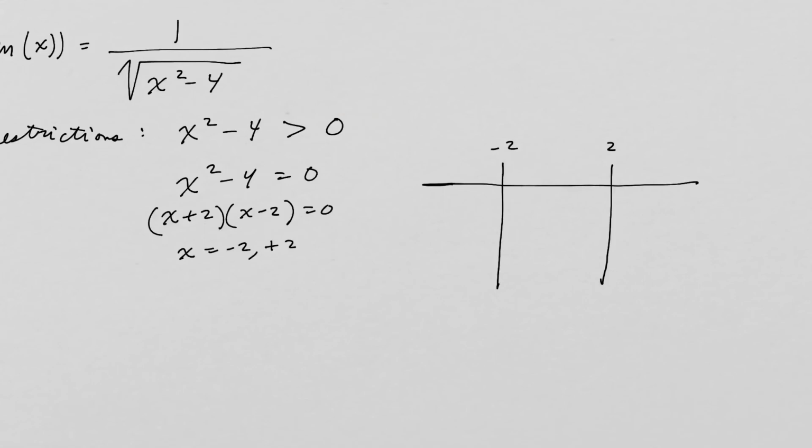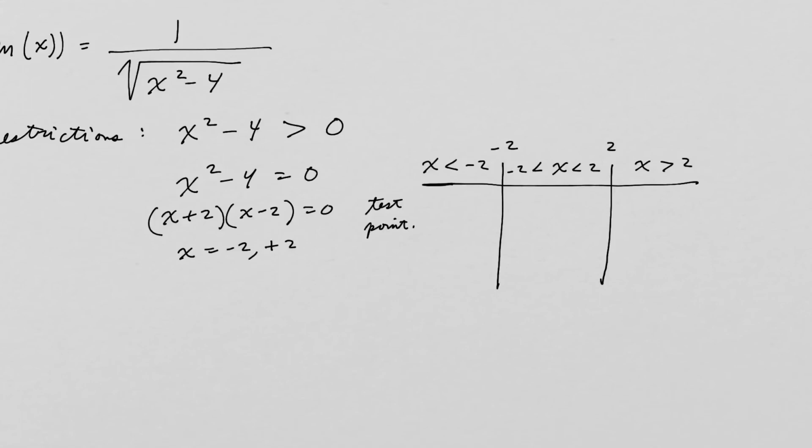So at this interval, x is less than negative 2. Here x is greater than negative 2 and less than positive 2. And here x is greater than positive 2. So what you do to figure this out is you pick test points in those intervals.